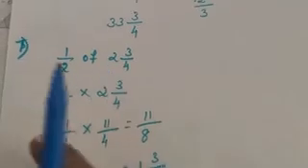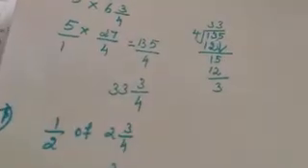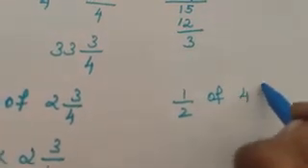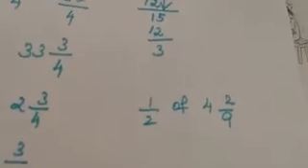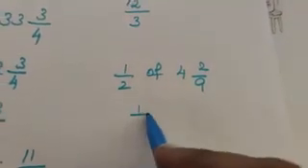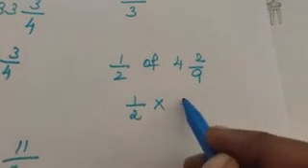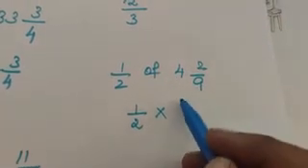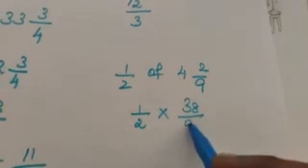And the same 1 by 2 multiplied with another number, that is 4 2 by 9. So 1 by 2 of 4 2 by 9. That is the question. Of means multiplication. So 1 by 2 multiplied by 9 4s are 36 plus 2, 38 by 9.